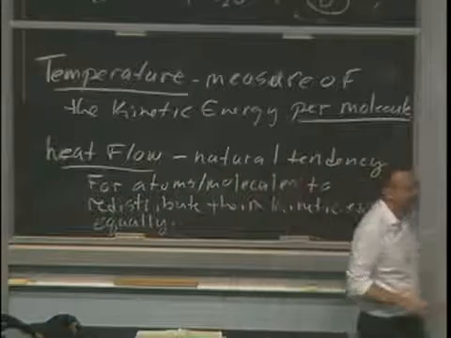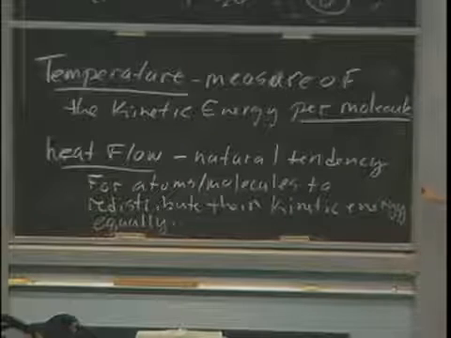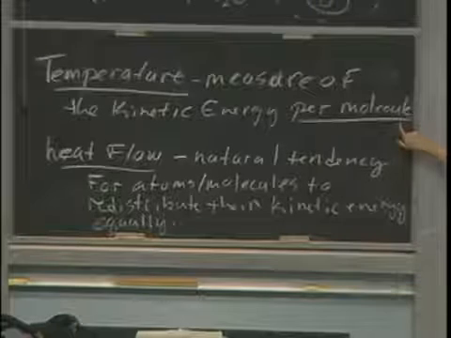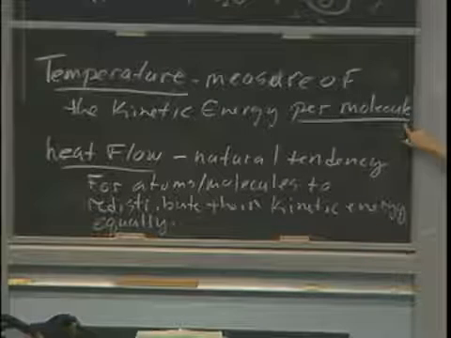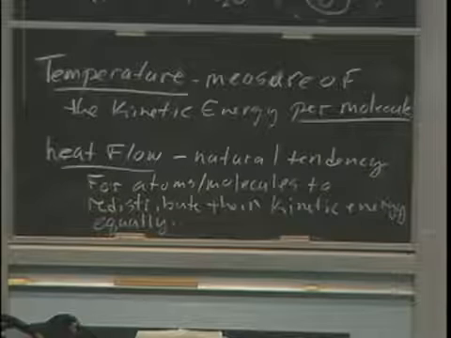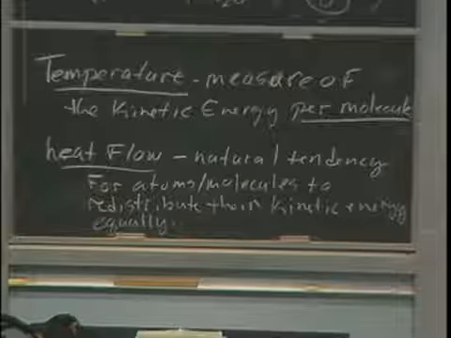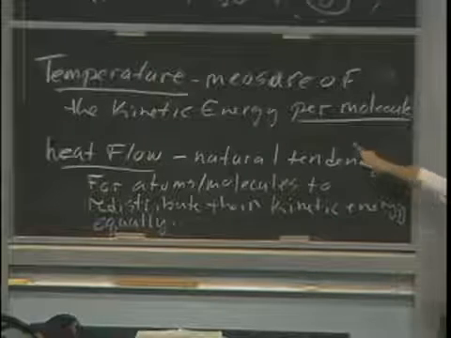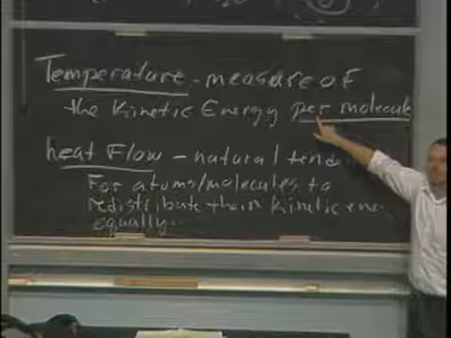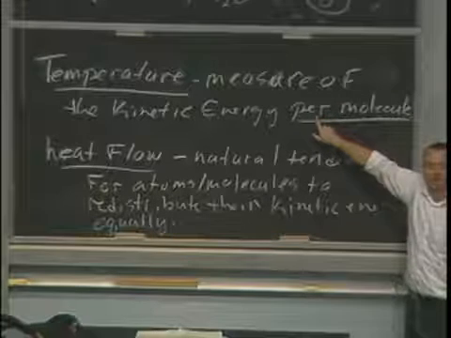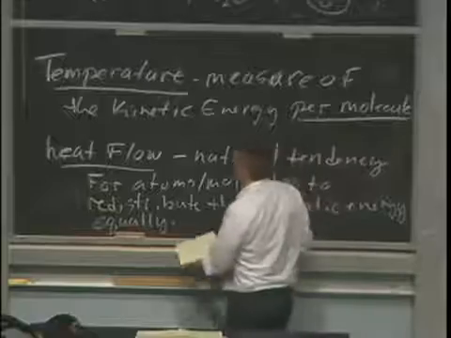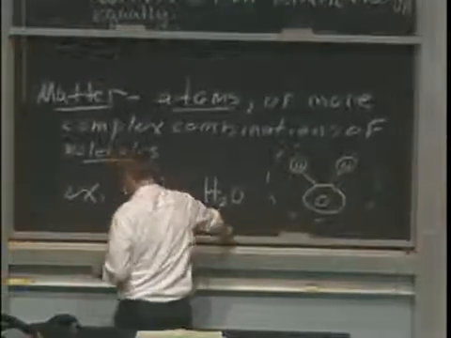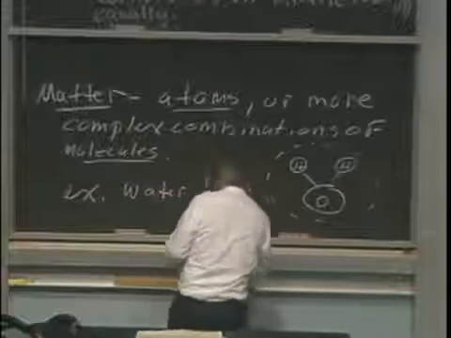That tells us something immediately about temperature. Since temperature is a measure of the average kinetic energy, we know that if all the molecules are sitting at rest, then the average kinetic energy is 0, which means that there must be a lowest temperature, which we call absolute 0.